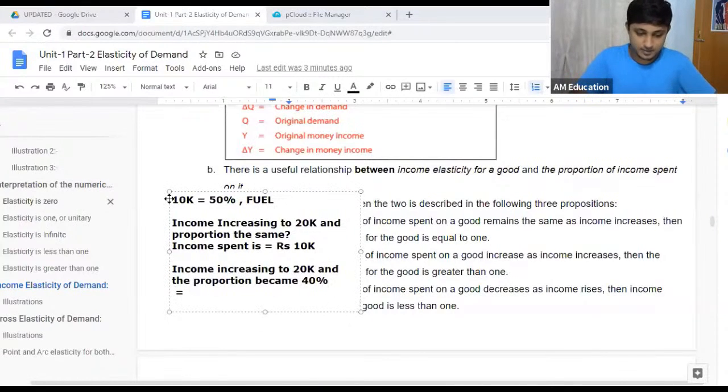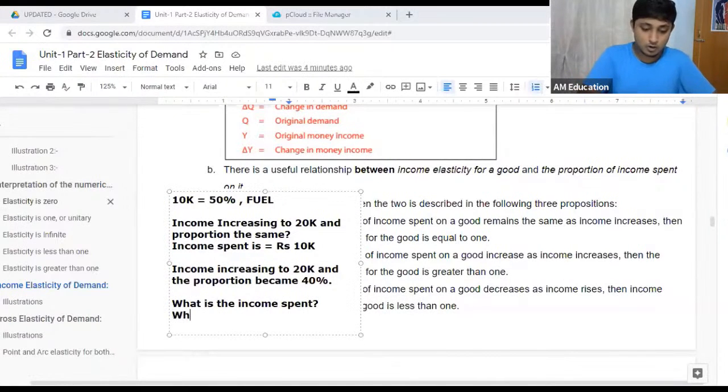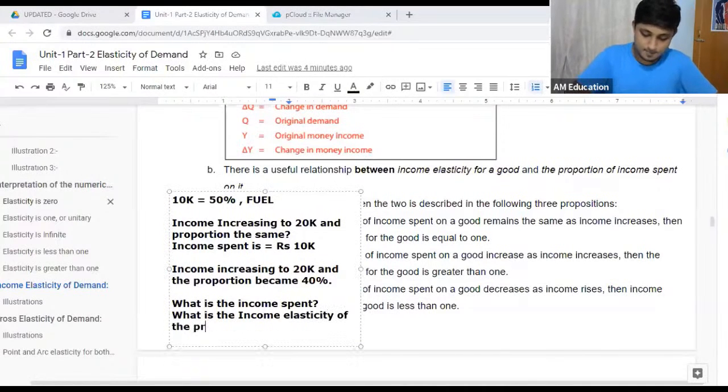How much is the first thing? First question: what is the income spent? And the second question is what is the income elasticity of the product?